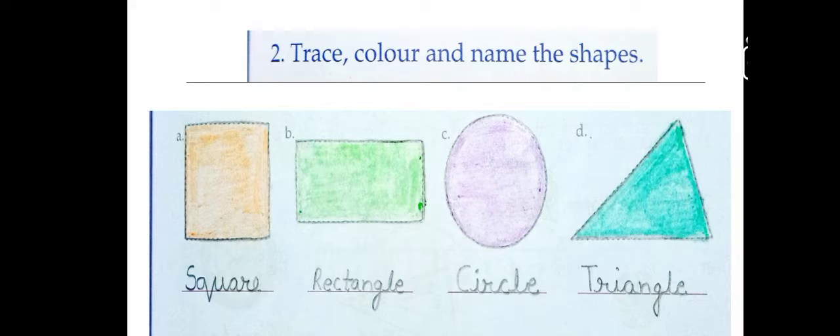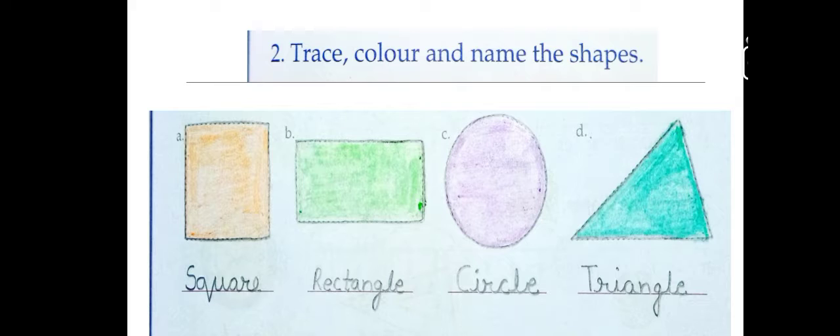Now we will move on to exercise 2. Trace, color and name the shapes. Students, in question number 2, shapes are given in the form of dots. First of all, we will complete the following shapes, and after completing them, we will color all the shapes and write the names. Number A is square. First we will join all the dots and complete the shape of square.